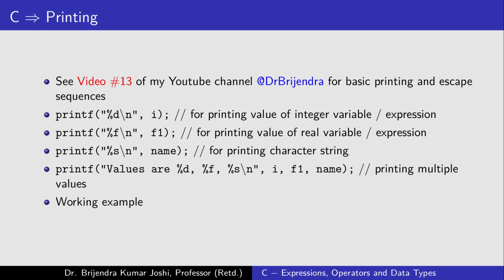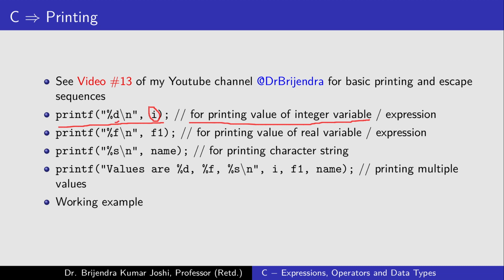Now for printing, you can see video number 13 of my YouTube channel for basic printing and escape sequences, which I have already uploaded. In this example, printf("%d\n", i) prints the value of an integer variable or expression. So in place of this i, you can write any expression which evaluates to an integer.